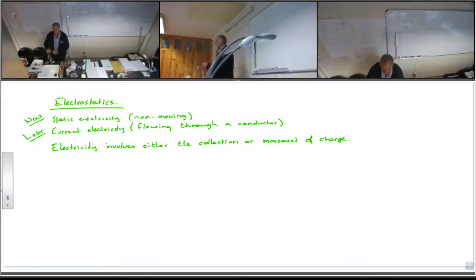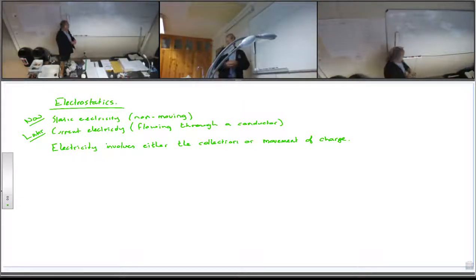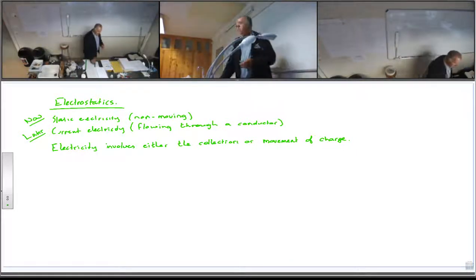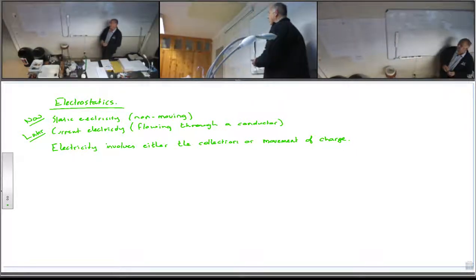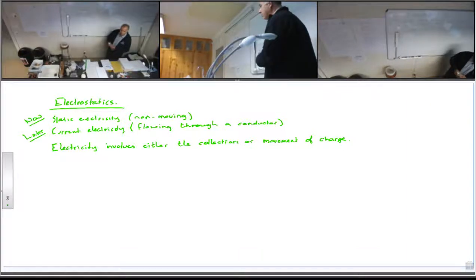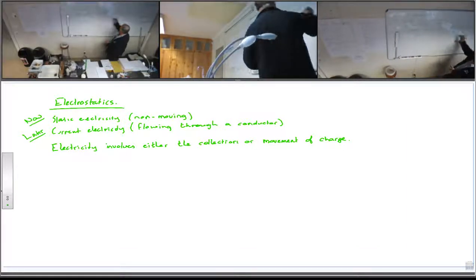And then it normally gives a little bit of a spark or a shock when it does that. Current electricity is the stuff that flows through the wires when you're listening to your music, when you're drying your hair, when you put a light on, etc. And we said most times it involves the flow or the collection of electrons, but it doesn't have to be electrons.